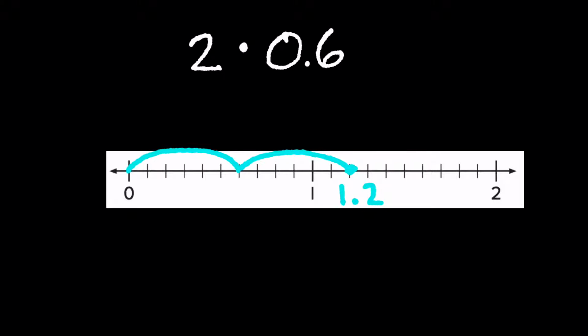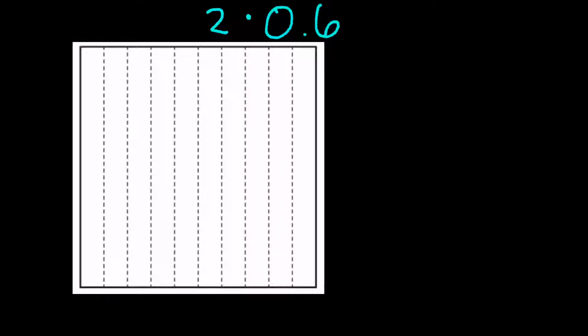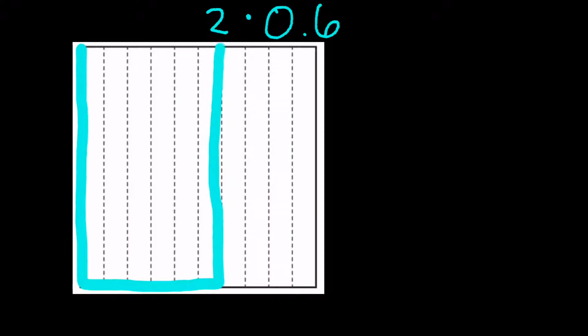Now, let's take a look at how this is going to have to look in our grids. With our grids, we'll start by shading in one group of 6/10. So that means this group is going to be made up of 6 of our columns. So this is the size of one group.